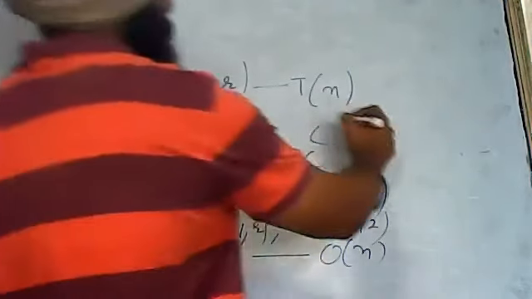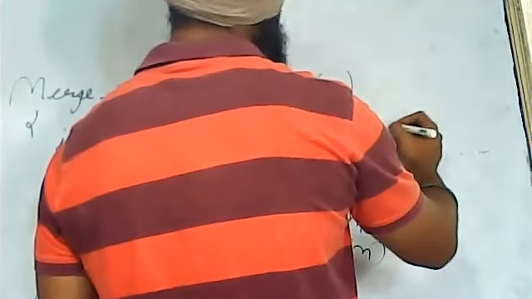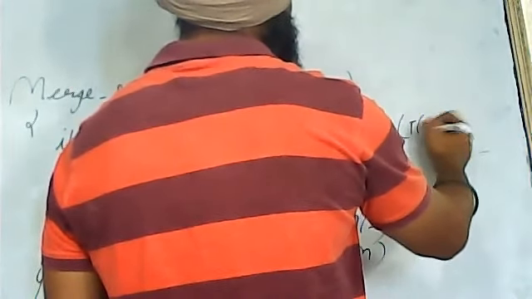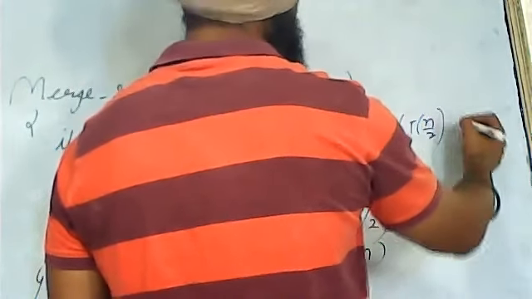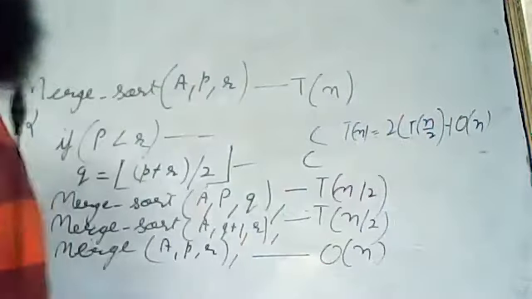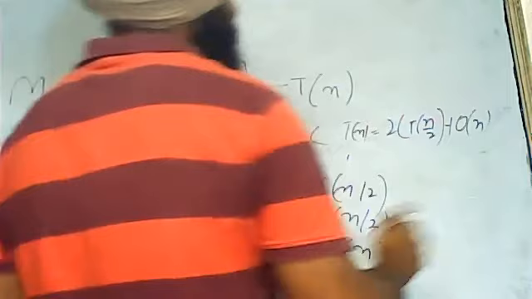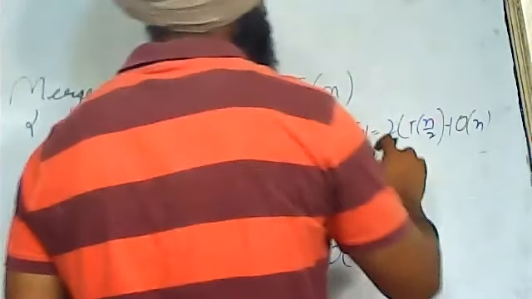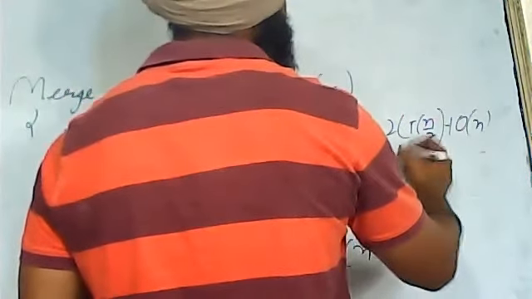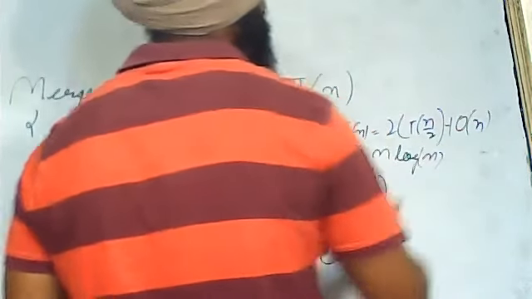So this is how we calculate the time complexity. We are interested in calculating the complete time, that is T(n) equals 2T(n/2) plus big O of n. This is the equation. By Master's theorem, which we'll discuss in the next class, it is n log n.